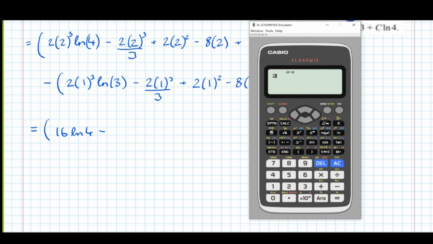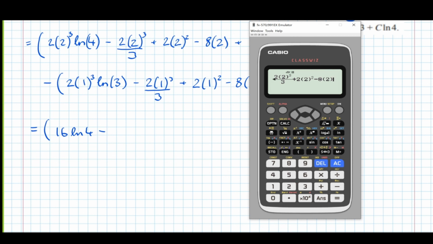So 2 lots, or rather almost fell into a trap there, negative 2 lots of 2 cubed over 3 plus 2 lots of 2 squared. Some of this I should be able to do in my head, but I'm not going to, simply because it's just easier not to.